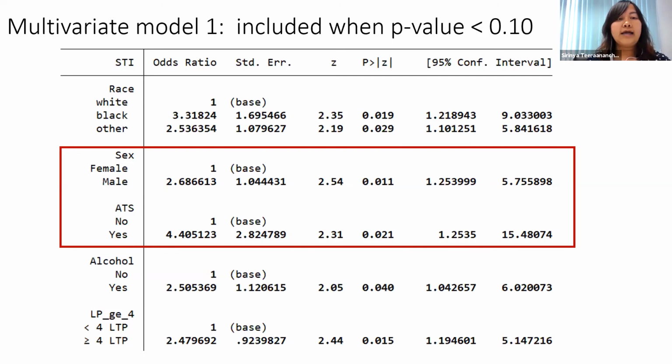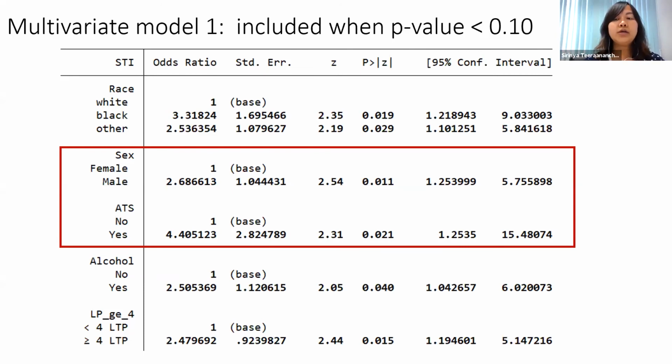And if we look at sex, ATS, alcohol, and lifetime partner, they are still significant with STI. When we interpret sex, after adjusting for all predictors with univariate p-value less than 0.1, we found that male had 2.7 times higher odds of STI when compared with female.